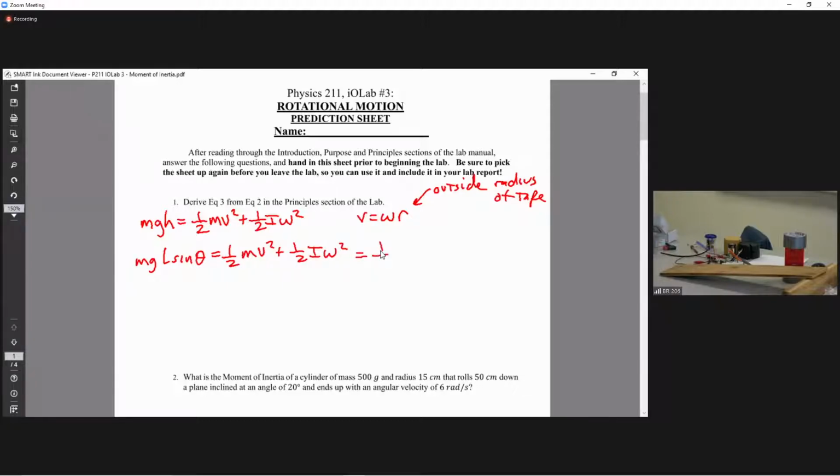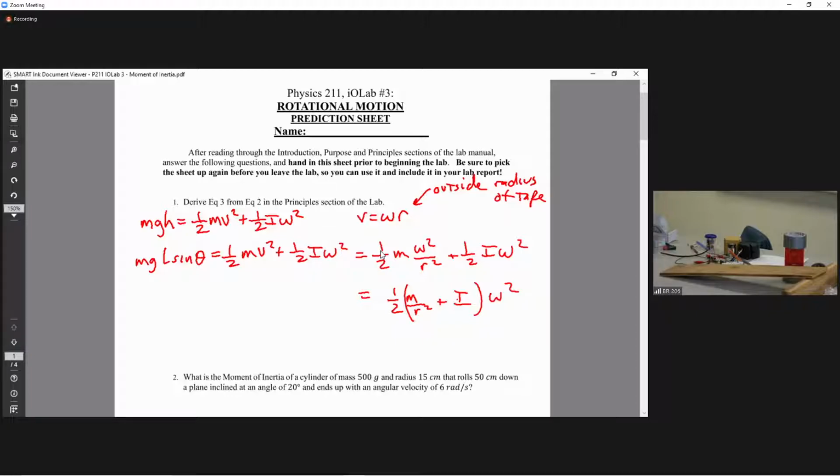Oh, but that's 1/2 m omega squared over r squared plus 1/2 I omega squared, right? And that's 1/2 m over r squared plus 1/2 I, times omega squared.